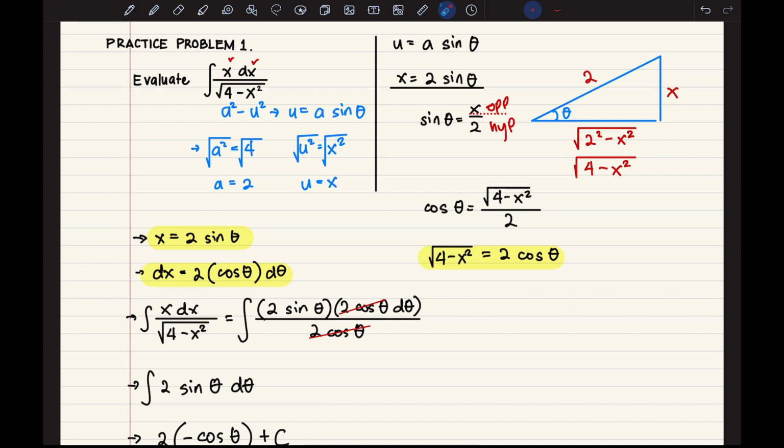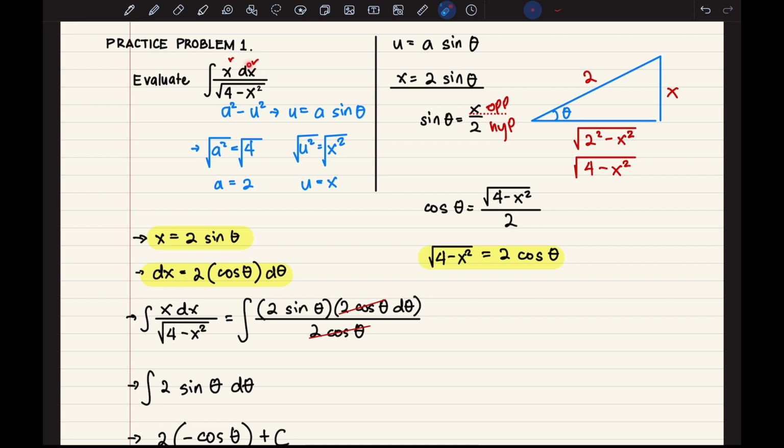So 2 is the hypotenuse and this is the adjacent side, so the relationship between the two is cosine. Cosine theta is equal to the square root of 4 minus x squared over 2, with the square root of 4 minus x squared as the adjacent side and 2 as the hypotenuse.